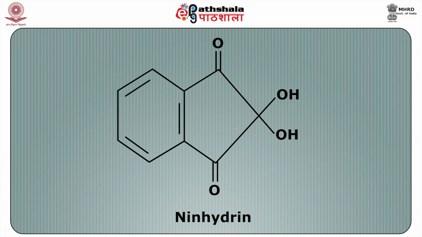Reaction with ninhydrin: the amino group of free amino acids or the N-terminal of proteins reacts with ninhydrin reagent to give a purple color complex. This is a very sensitive test and it is used to detect the presence of a free amino group.